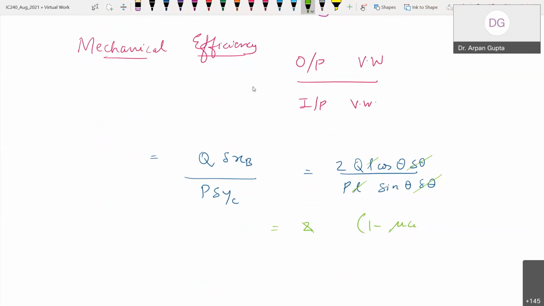It is 1 minus mu cot theta. So your efficiency turns out to be an expression like this. You can see that it is a function of mu and of theta. If mu was 0, then it's 100% efficient. Whatever work is given, it will be transmitted completely. If there is some friction, then some energy will be lost in friction and your efficiency will be less than 1.